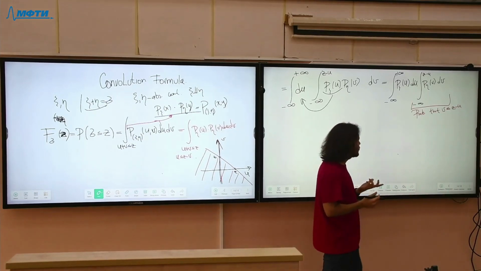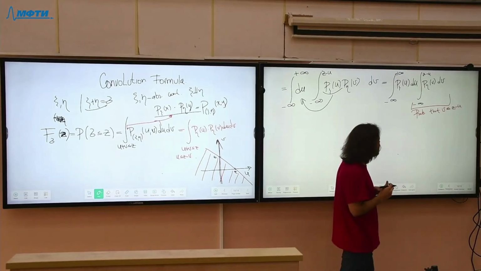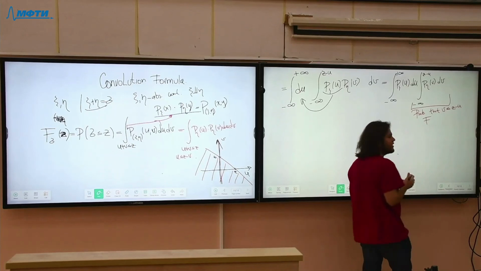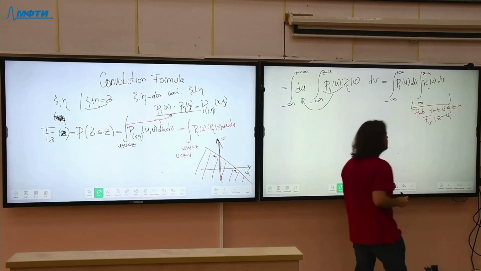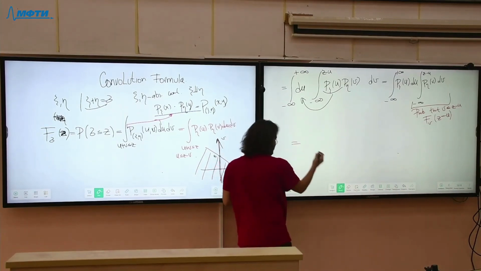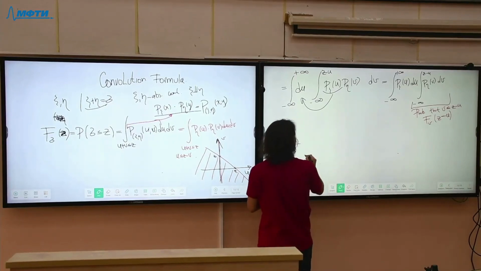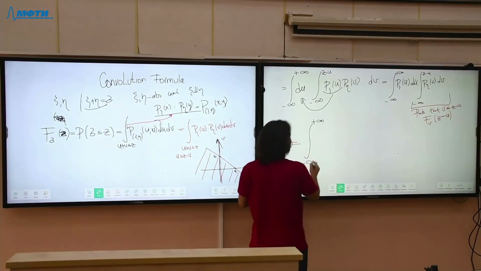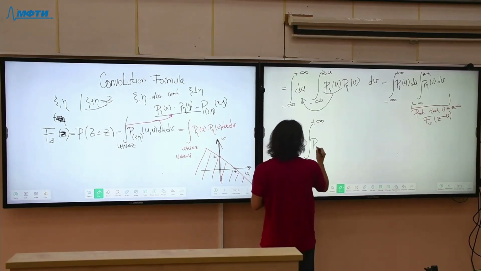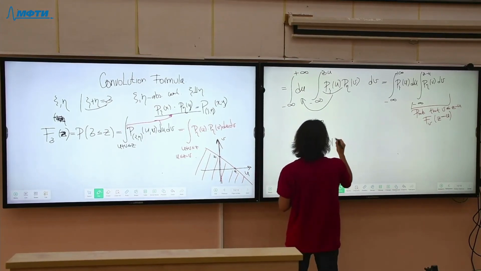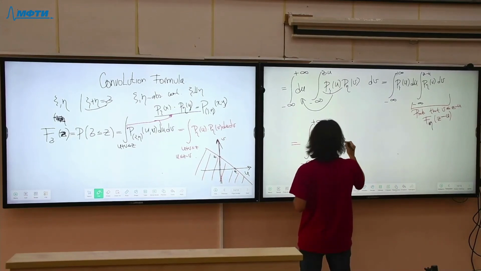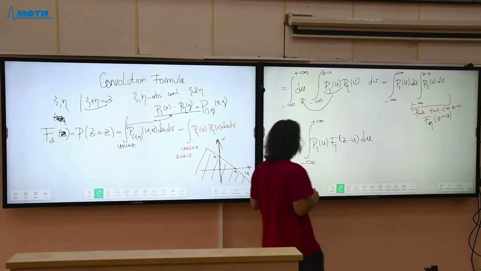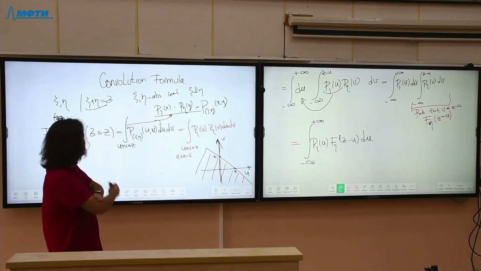And what is the definition of that? The probability that theta is less or equal than z minus u is the CDF of theta at this point. So all of this gives us the integral from minus infinity to plus infinity of the PDF of psi at u times the CDF of theta at z minus u, du.